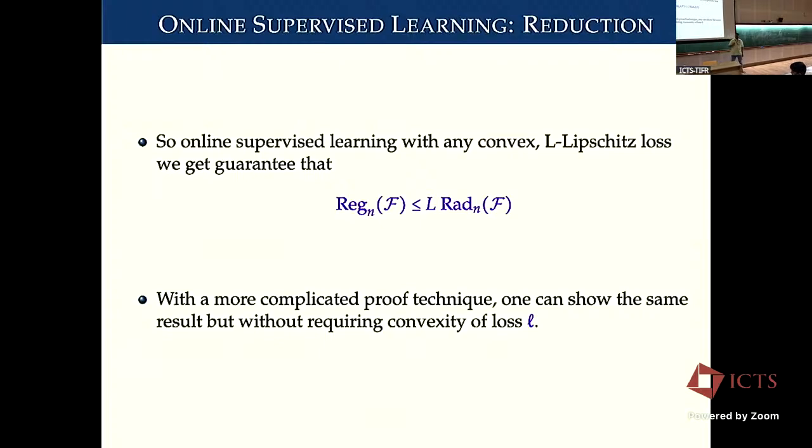Give me any loss that's L-Lipschitz in its first argument, I can claim the same result out here with different constants and so on. Okay, so it turns out that, up to constant order, the best bound achievable for a fairly general set of sequential prediction problems is given by this sequential Rademacher complexity. Okay.